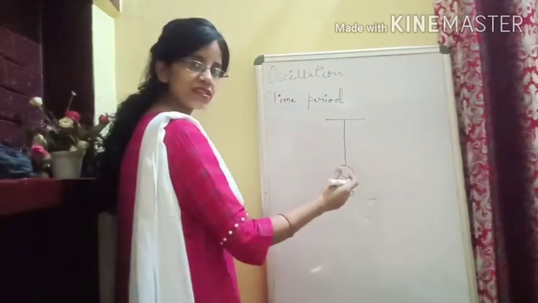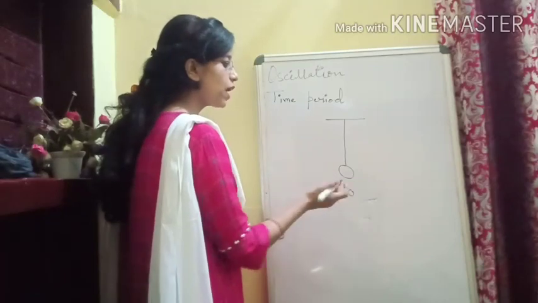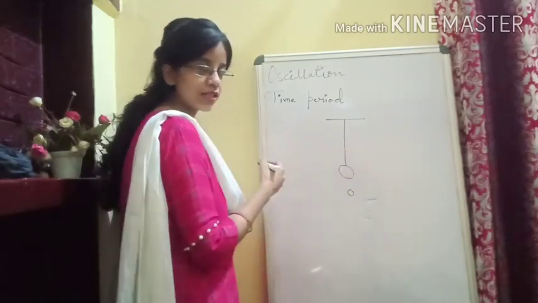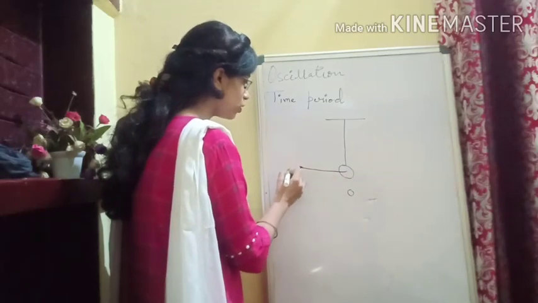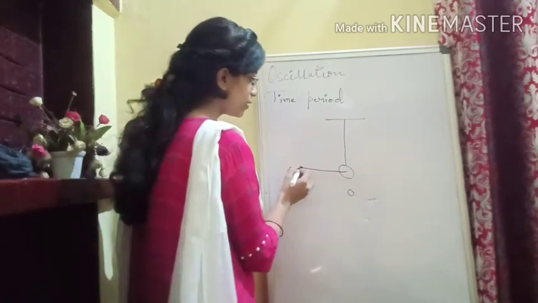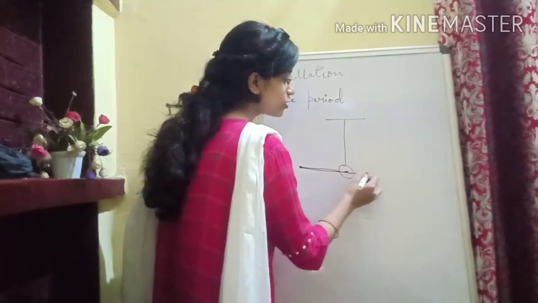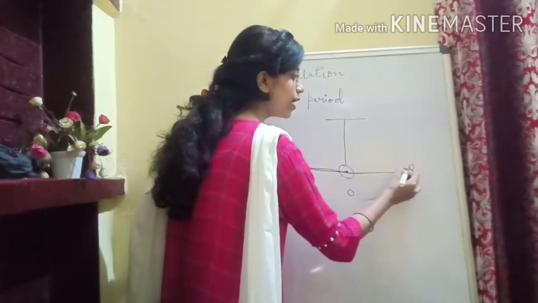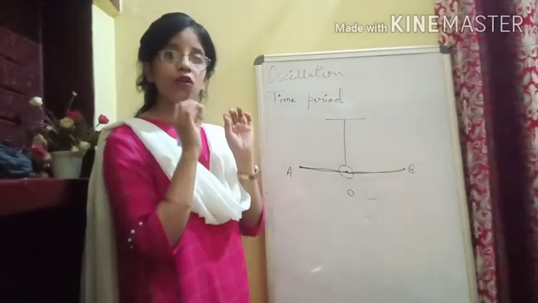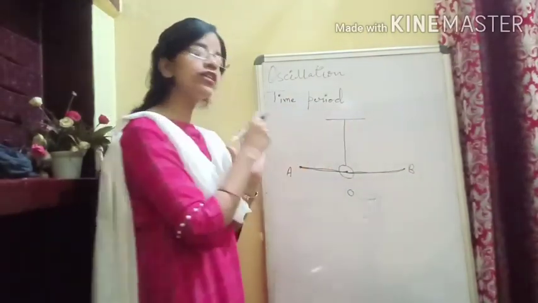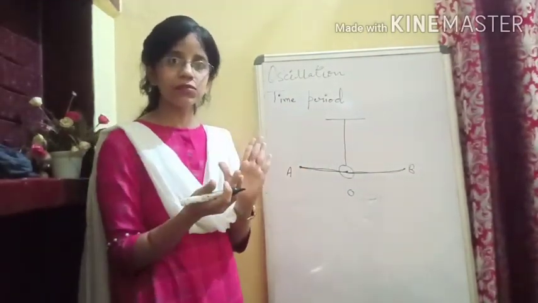And when we displace the bob, when we disturb the bob, what will happen? It will start doing oscillations, as we have now learned. It will come to one side first, let us call this position A, then it will go back, then go to the other side to B, and come back. This is your one oscillation. When the bob is doing this one oscillation, will it take some time?